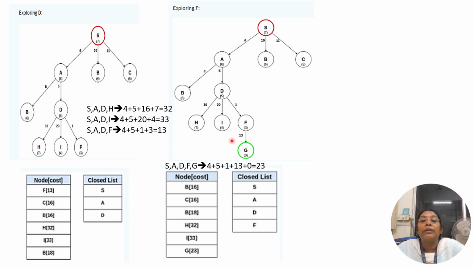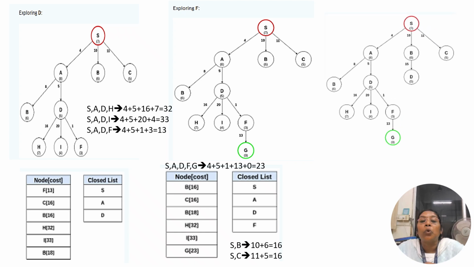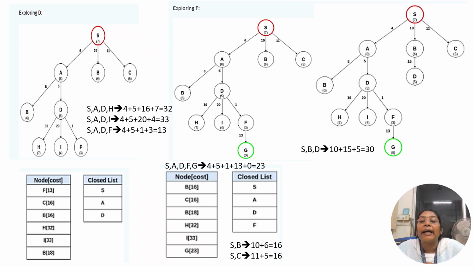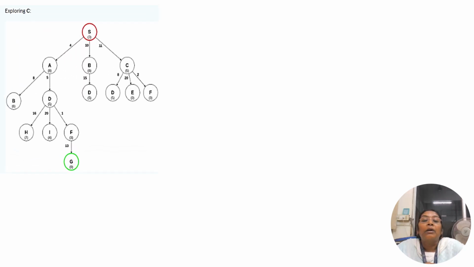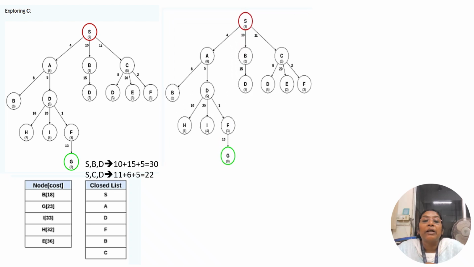There are other nodes that are in the open list. So the A star algorithm goes on for the calculation of the other nodes. Though 23 is the least, we don't stop with that. We'll go on for closing the other nodes in the list according to the least f of n.